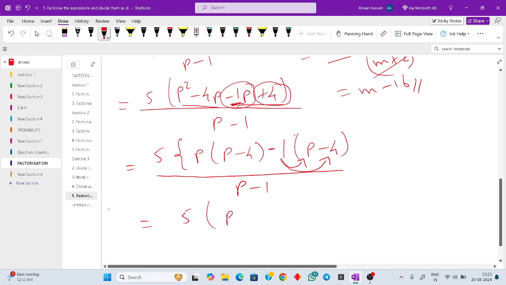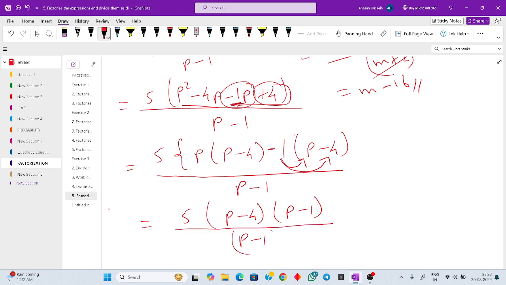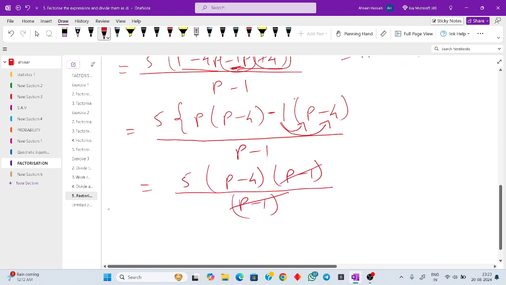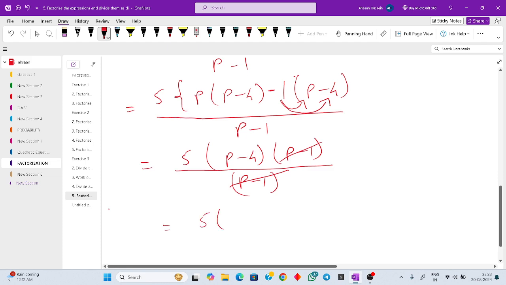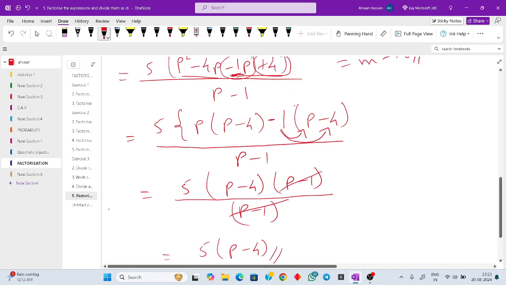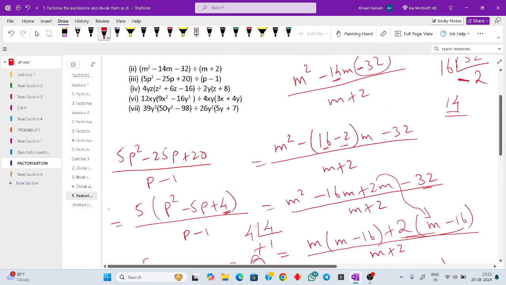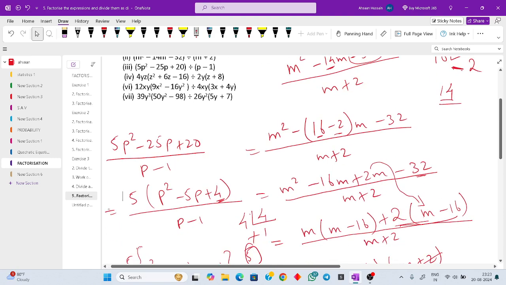So now p minus 4 is common and p minus 1 was left out. We cancel these two and we'll write 5 multiplied by p minus 4. This is our answer. Okay.